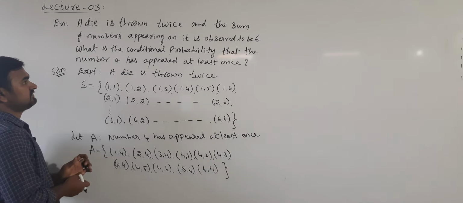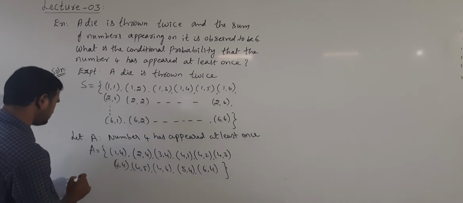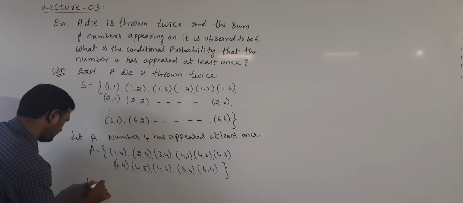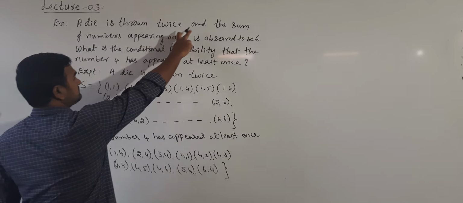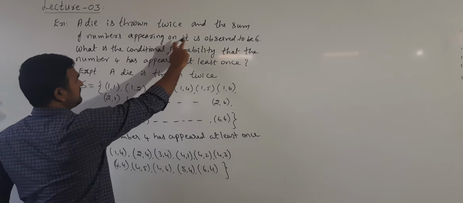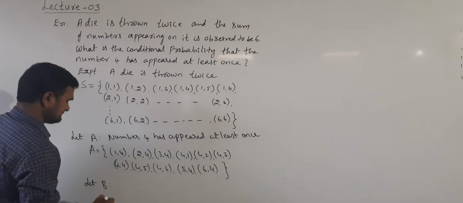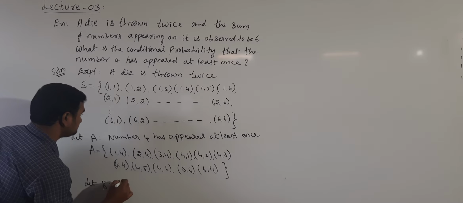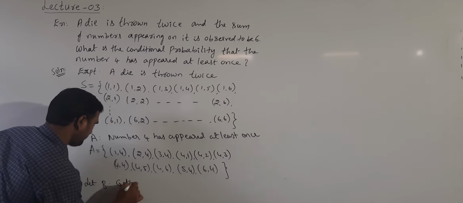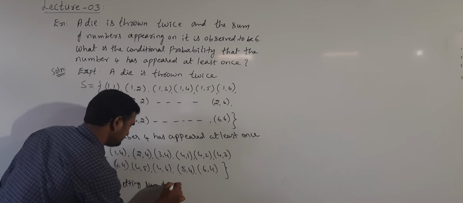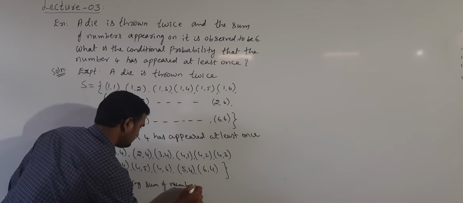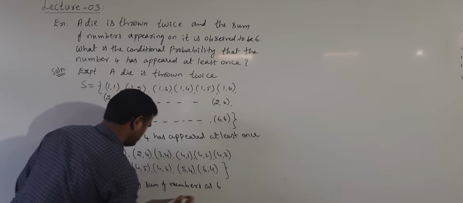Next we have to define event B. Let B be the event which has already occurred: the sum of numbers appearing on it is observed to be 6. So getting the sum of numbers as 6.